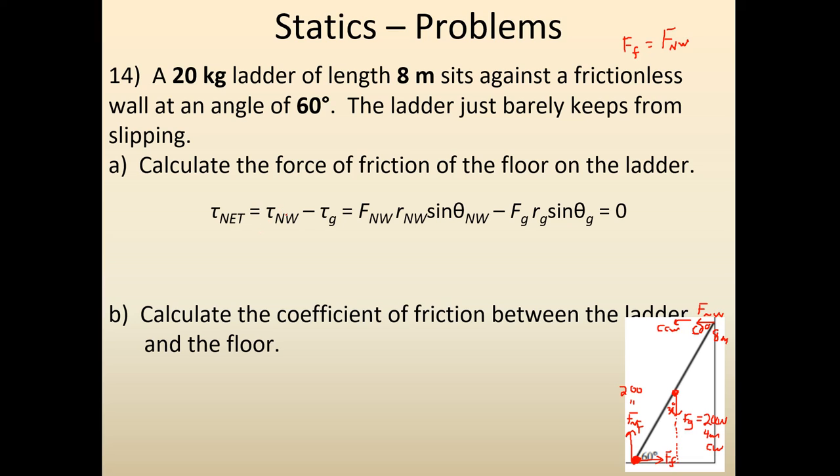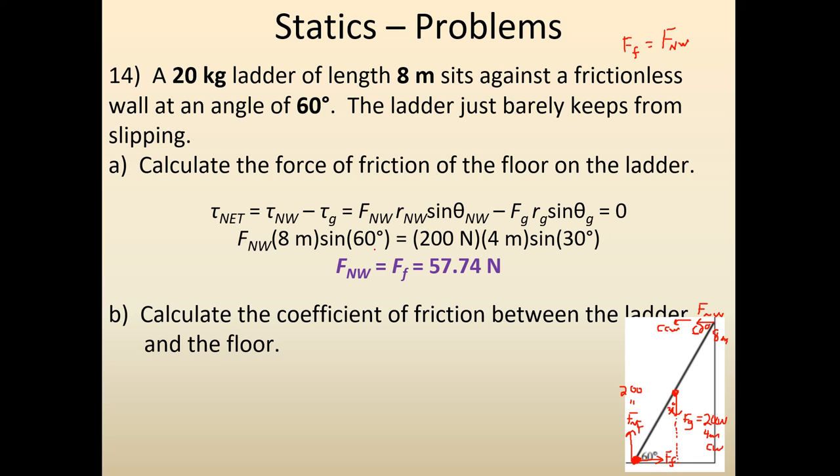I'm going to replace torque with Fr sine theta. So I do Fr sine theta for the normal force and Fr sine theta for the force of gravity. Set them equal to 0. And then I'm just going to plug all these numbers in. So again, you can see 200 times 4 times sine 30, the unknown times 8 times sine 60, plug and chug, and I end up getting 57.74 newtons.